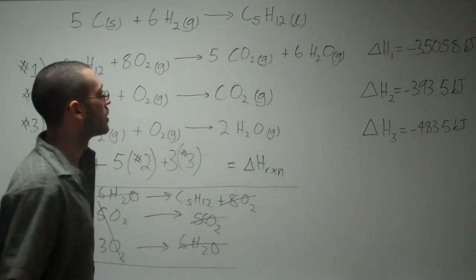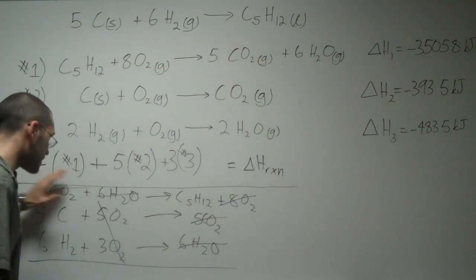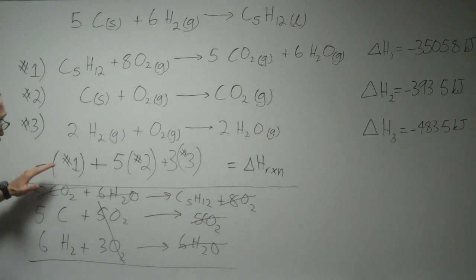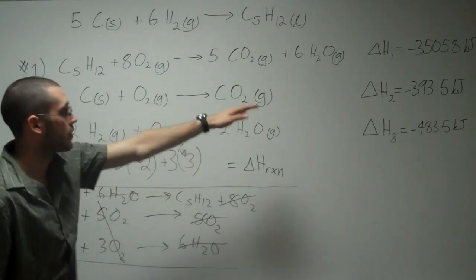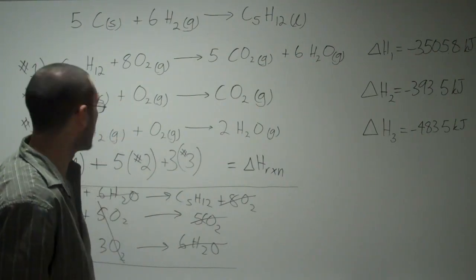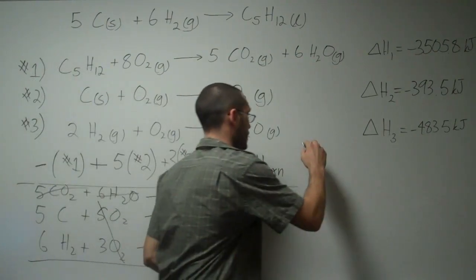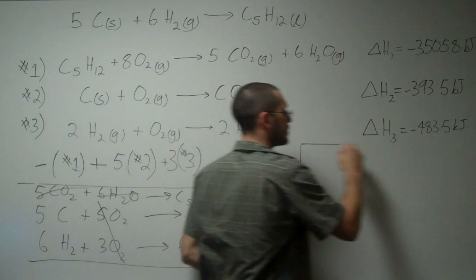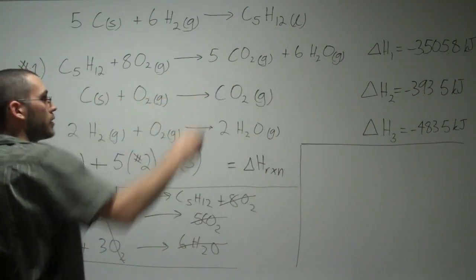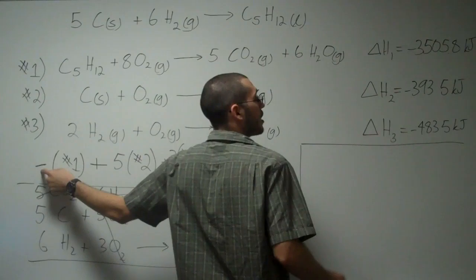Good to go. So now I'm going to use the same plan, and I'm going to perform these actions on their delta H's. Take a calculator, and I've already done the calculation, so I'll just show you how to plug it in. Take delta H number 1 and multiply it by a minus.